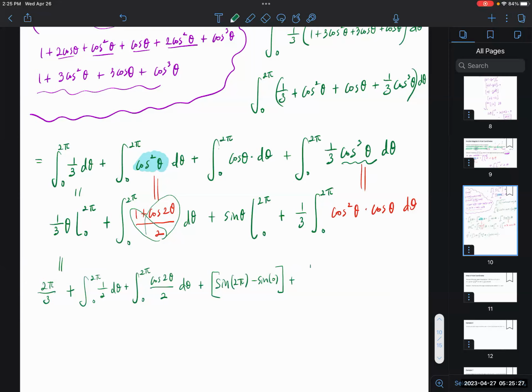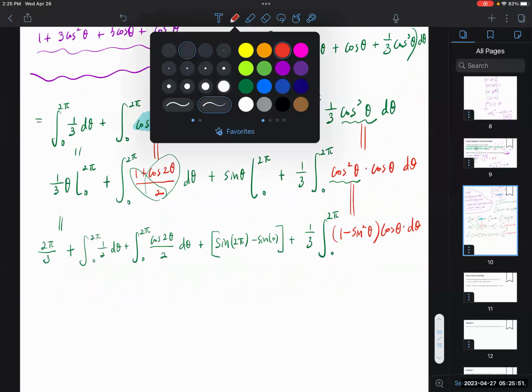So here we have a 1 over 3, 0 to pi, cosine squared theta. Remember, this is the same as 1 minus sine squared theta, right? And then we have cosine theta d theta still there. So they're the same, because cosine squared theta plus sine squared theta is 1. So hang in there, almost done.